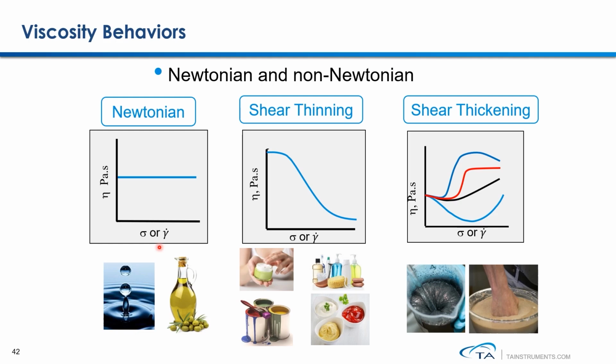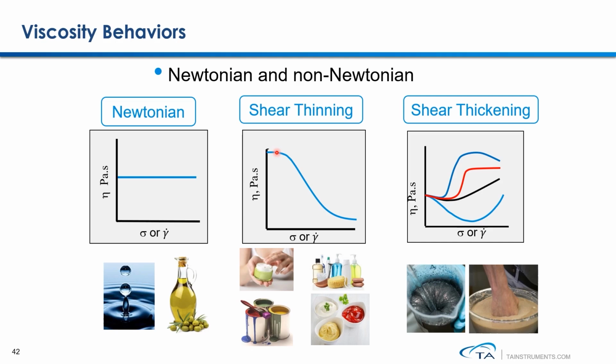Most of the liquid samples we handle on a daily basis contain multiple components. The viscosity behavior of those kinds of samples is non-Newtonian. One type of non-Newtonian liquid sample shows shear thinning behavior, which means the viscosity is decreasing as you increase the measurement shear stress or shear rate.